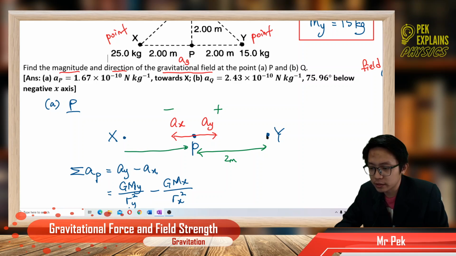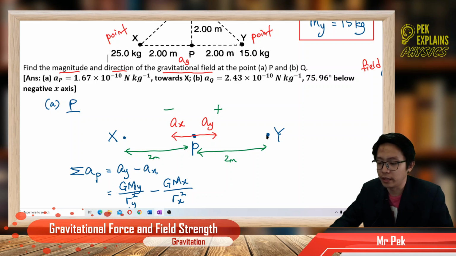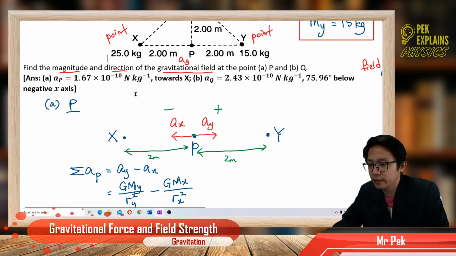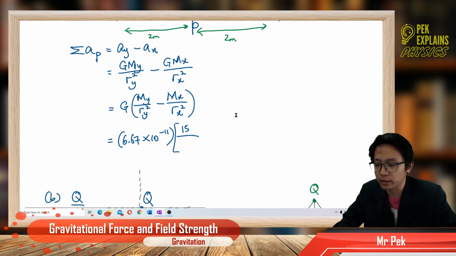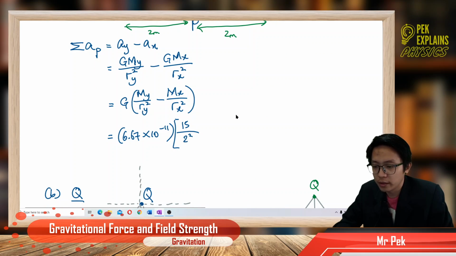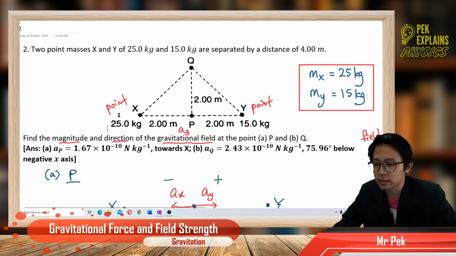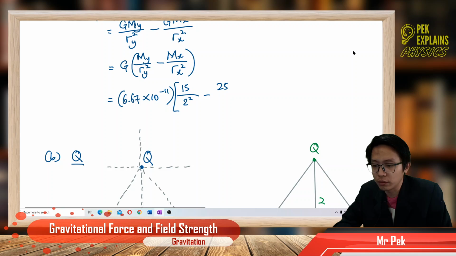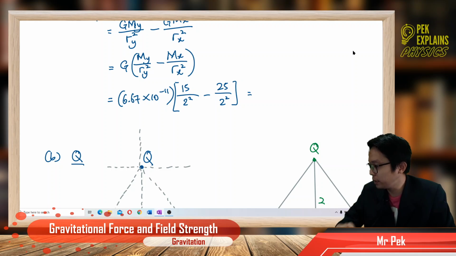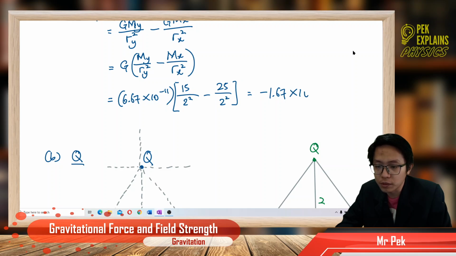From P to X is also 2 meters. So Ry is 2 meters, put 2 square. Then mass X is 25 kilograms, over 2 square. Then we calculate and we get negative 1.67 exponent negative 10 Newton per kilogram.